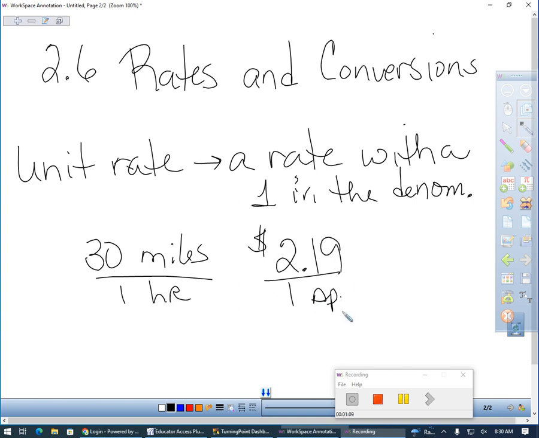I don't know. All right, so as long as there's a 1 in the denominator, that makes it a unit rate. Okay, so a lot of times we like to simplify things so that we can tell with a 1 on the bottom exactly what our proportion is or our comparison. All right, and I'm going to do an example with unit rate in a second, but I want to talk about the other word we need today.